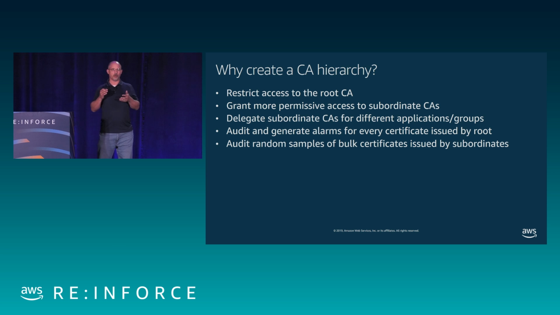And so we provide a lot of protection and access controls around the CAs at the top of the hierarchy. Conversely, we want to grant more permissive access to subordinate CAs because we want those CAs to be available and used to issue end entity certificates. Another reason for the CA hierarchy structure is the ability to delegate access on the CA boundary.